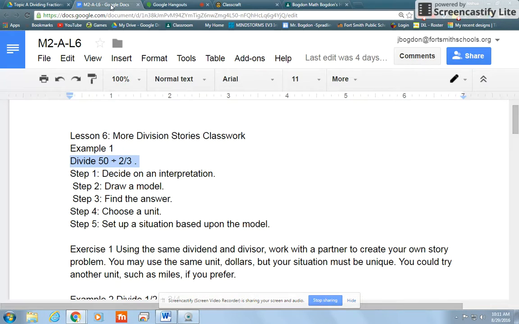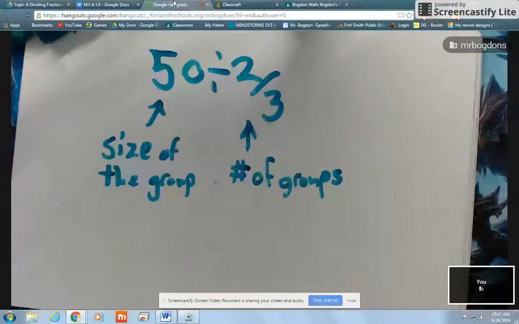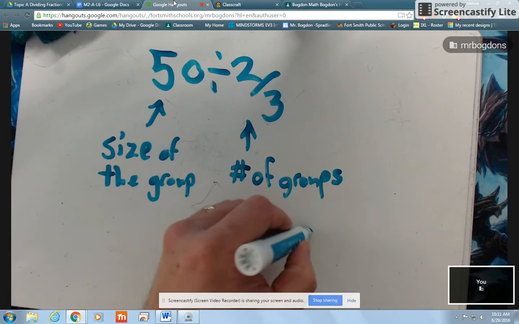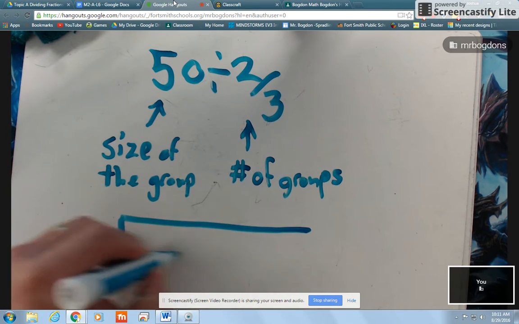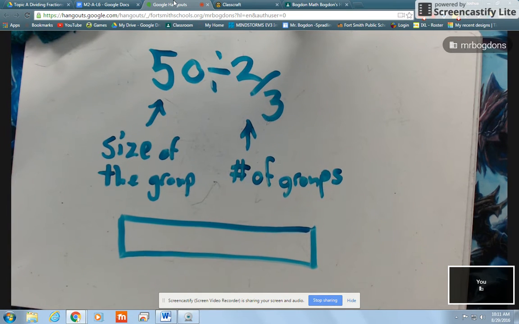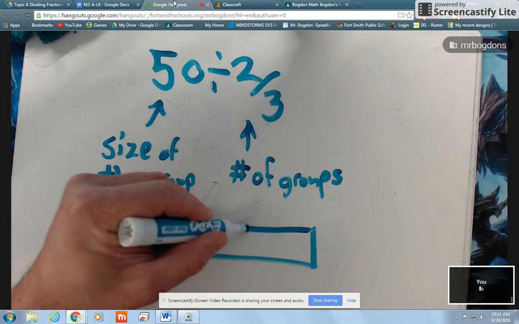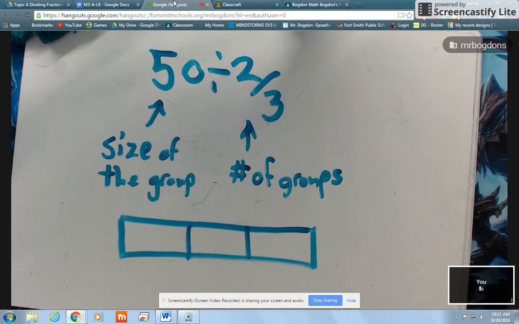So I need to model 2/3, right? How would I represent 2/3? Okay, split it in 3, and then how many pieces do I need to shade in?